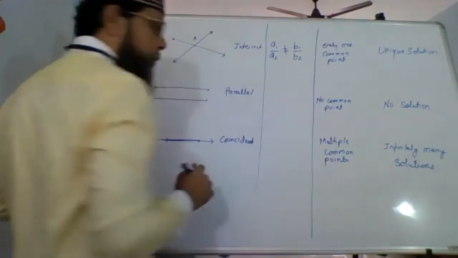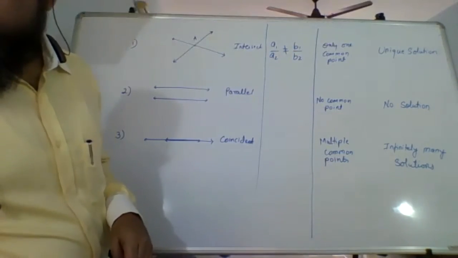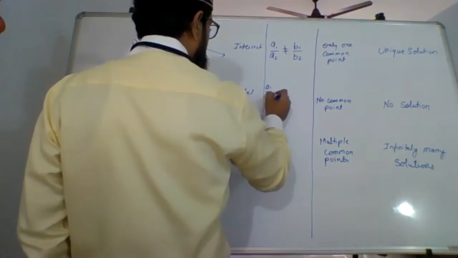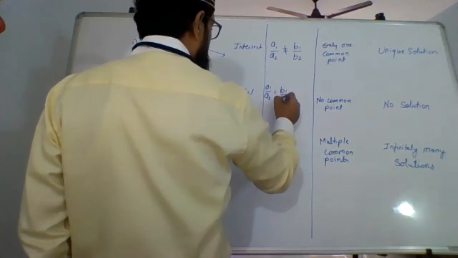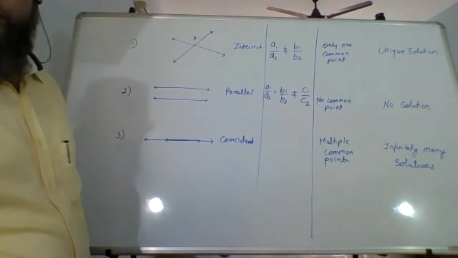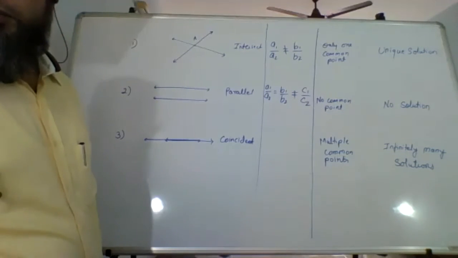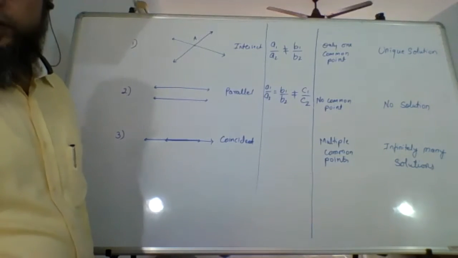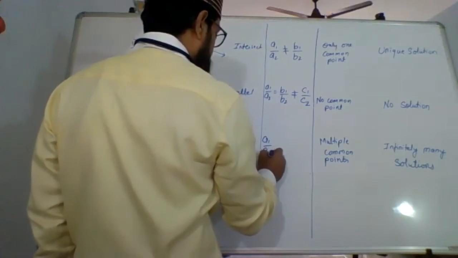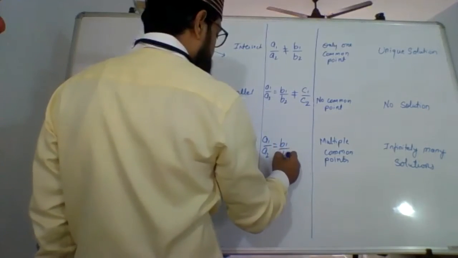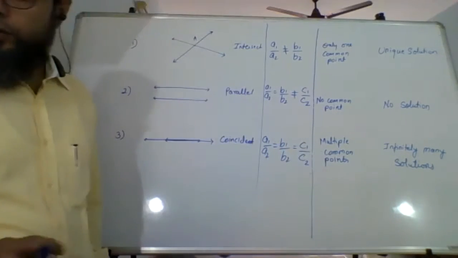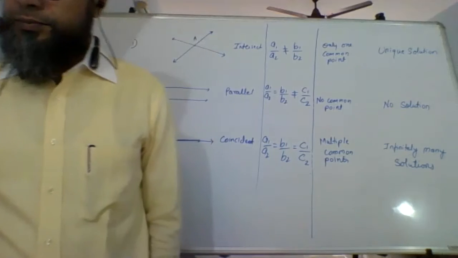Here it will be a1 upon a2 equal to b1 upon b2 but not equal to c1 upon c2, and here it will be a1 upon a2 equals b1 upon b2 equals c1 upon c2.